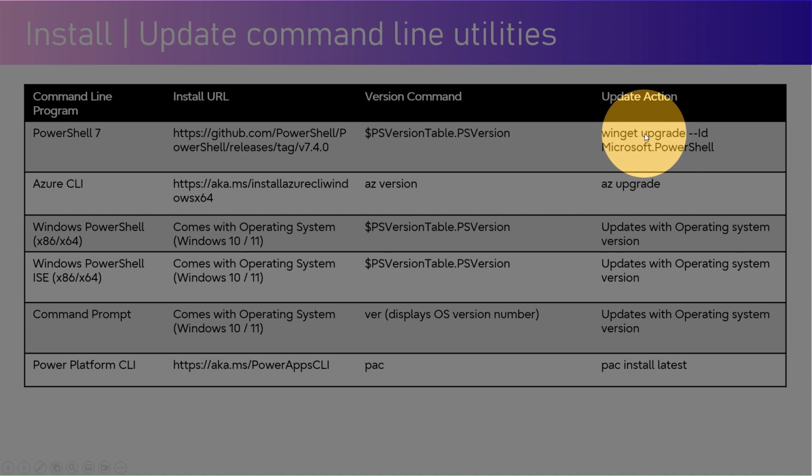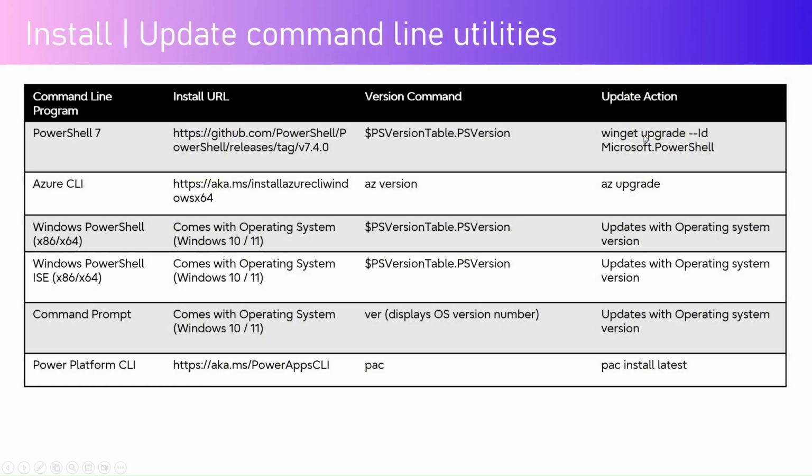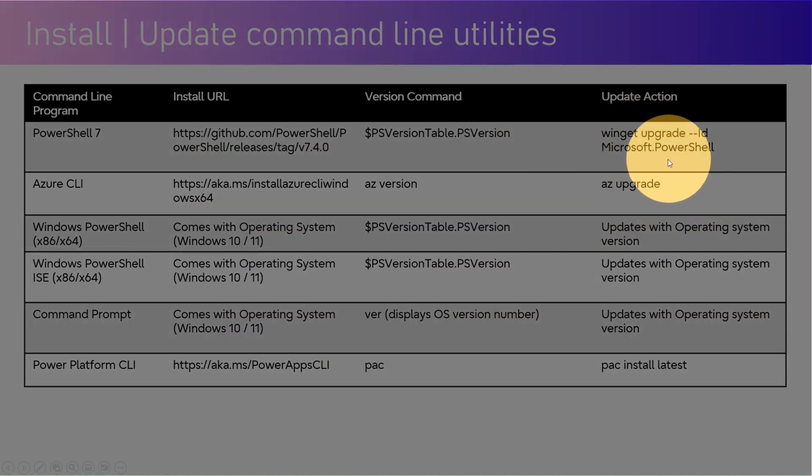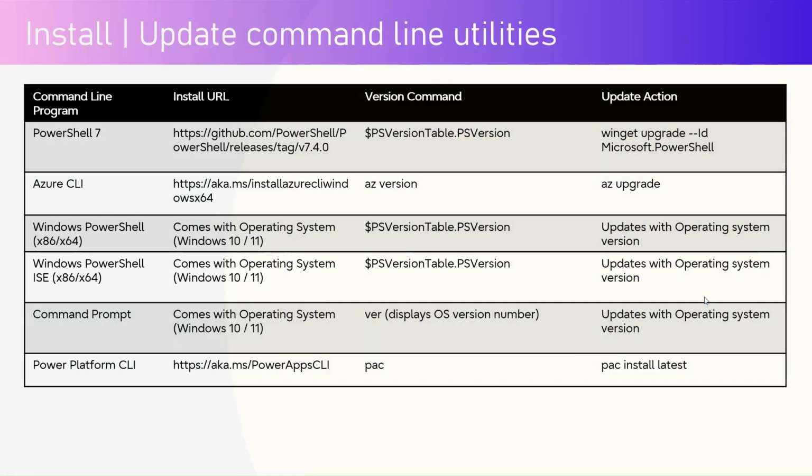The moment you do that, it will check within the store whether a new version is available or not. Same goes with Azure CLI, az upgrade. And for Power Platform CLI, pac install latest. Now for Windows PowerShell and command prompt, as they come as part of the operating system, they update with the operating system version.